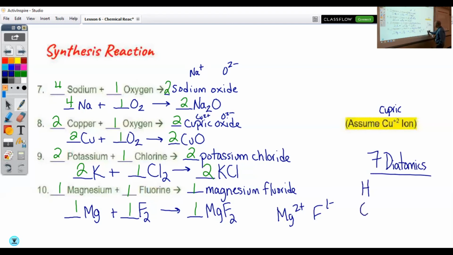So hydrogen, oxygen, nitrogen should all appear as H2, O2, N2, and then the elements in group 17. So F2, Cl2, Br2, and I2. Anytime these elements are by themselves, like they are here, here, here, here, and here, they have to be written as a pair.